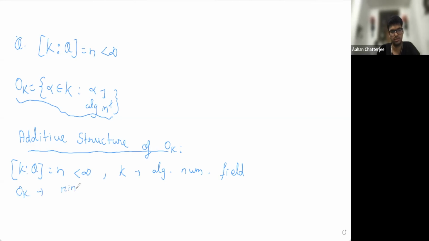And O_K is known as the ring of integers of K. So why is it called ring? That's what we're going to show. So our goal is now to show that O_K is a ring.